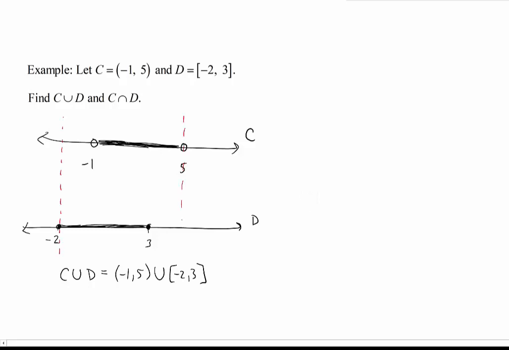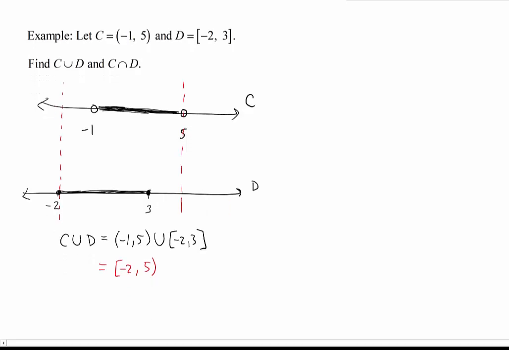Everything in one or the other or both, everywhere they overlap. So we're going to start from the far left, -2, that's included because of the point. And then we'll move all the way to the right to 5, but we do not include the 5 because it's not in either of the sets. You may be wondering, what's up with that -1? It's not in set C. No, it's not. But it is in set D, and hence it's in one or the other.